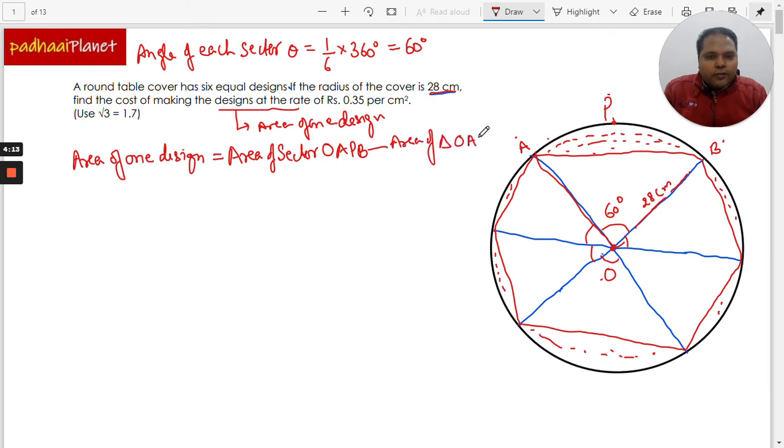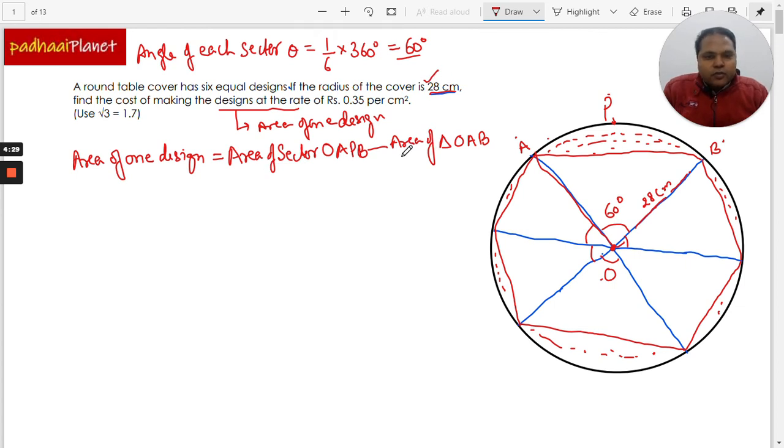Now the area of the sector OAPB is very simple, because we've got the value of theta, we also know the radius, and we can simply find this out.